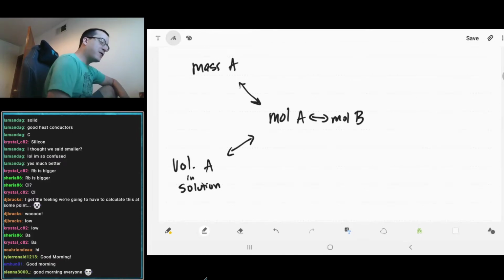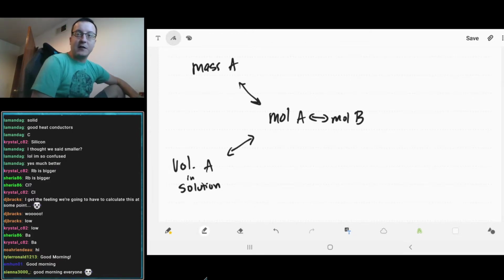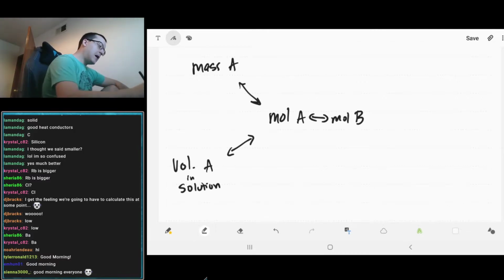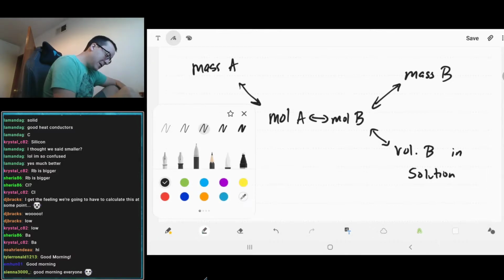We can now go from volume to moles if it's a solution. And guess what? We can do the same thing with B. I don't know why I put a period after B. Erase it.